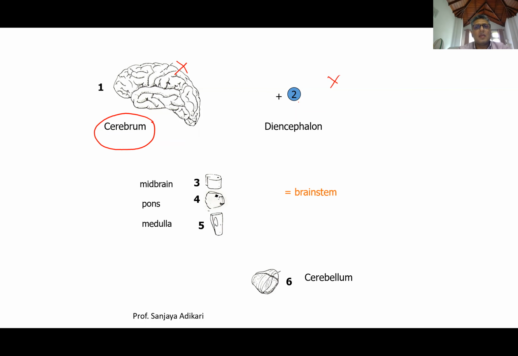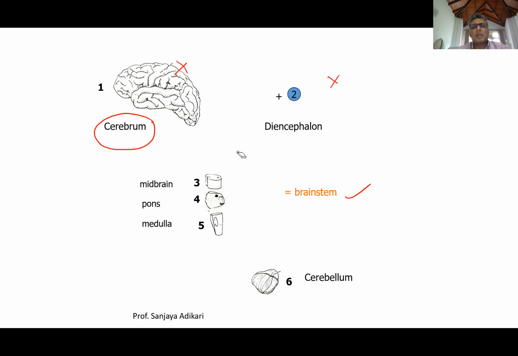Then instead of taking the midbrain as a separate part, you take the midbrain, pons, and medulla, all three together, and call it the brain stem, because you have cardiac centers, respiratory centers, and the reticular formation, which is responsible for keeping the person awake. All these things are located along these three structures. So rather than putting them into separate categories, you put them together and call it brainstem.